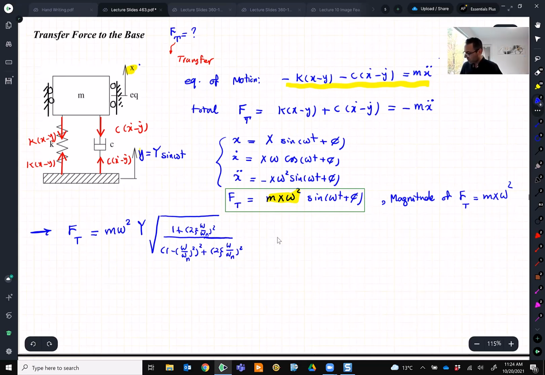So this is X that we had in a previous slide.